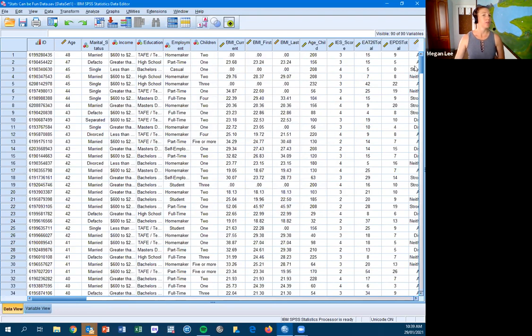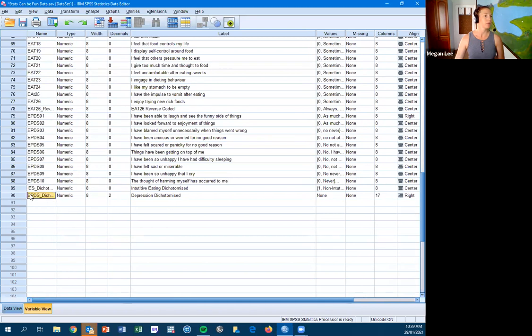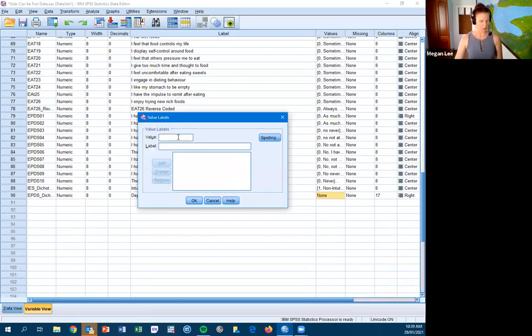So now that we have created our variable, where is it? All the way down the bottom. We need to tell SPSS what the labels mean. So 1 meant not depressed and 2 meant depressed.